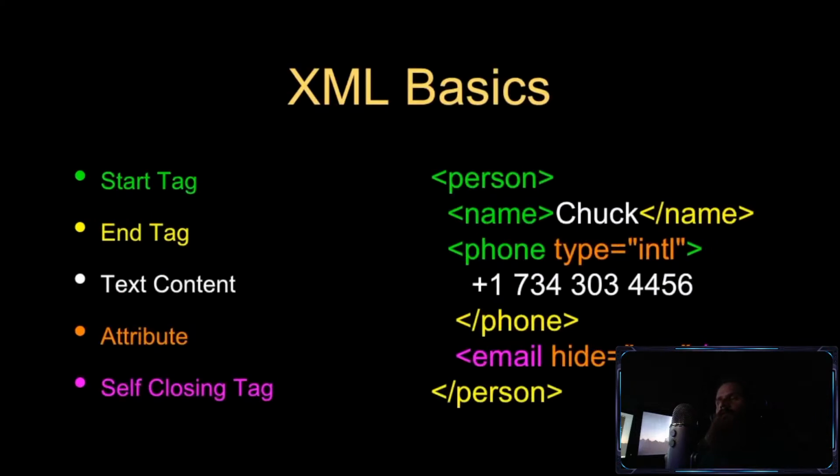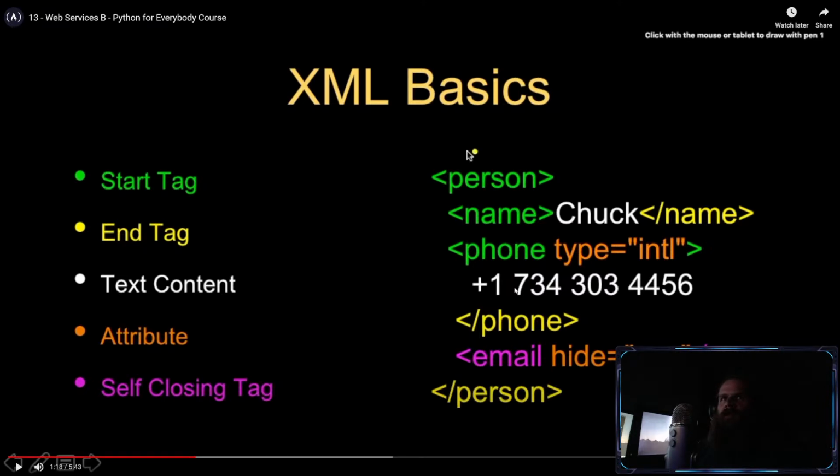So here's some basic XML, so we can take a look at the various things that make up the XML. It's very much like HTML. Okay, so start tag, person, name, text content, Chuck, end tag. Okay, so these are start tags, end tag, start tag, attribute, type.